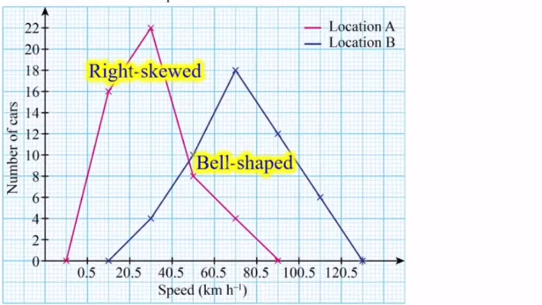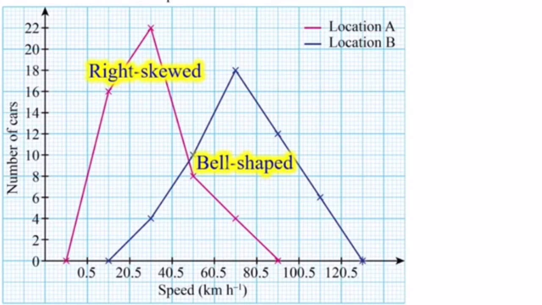You can see there is a bell shape. So we can identify the shape. Location A is actually right skew. The blue one is called a bell shape. So we need to know how to differentiate the shape of the graph.